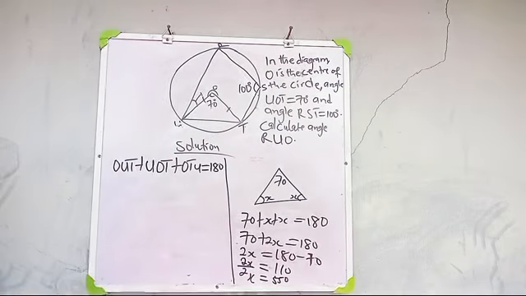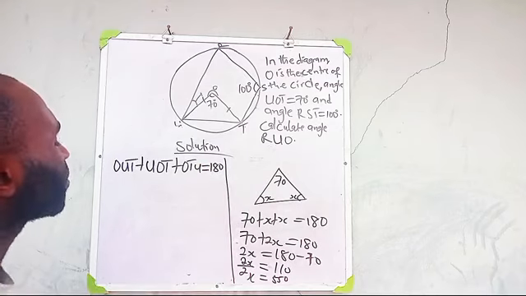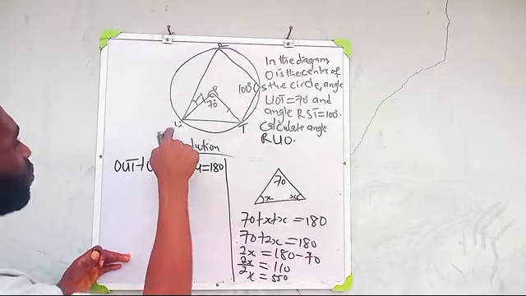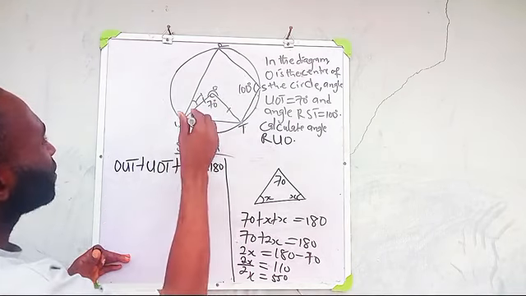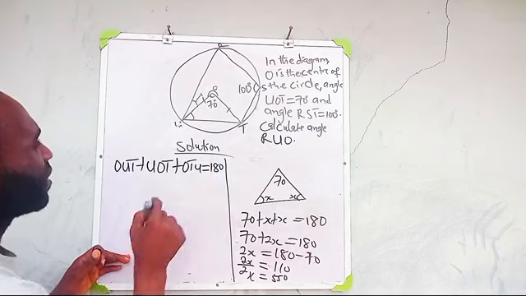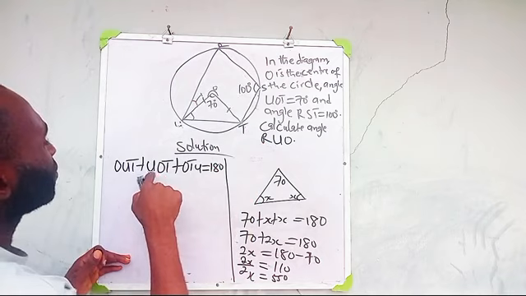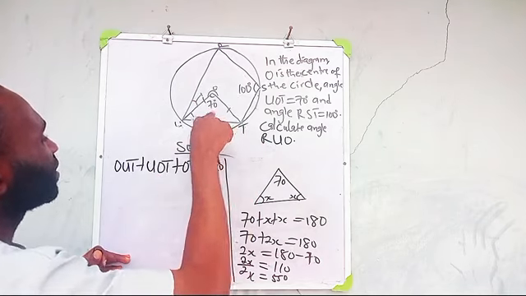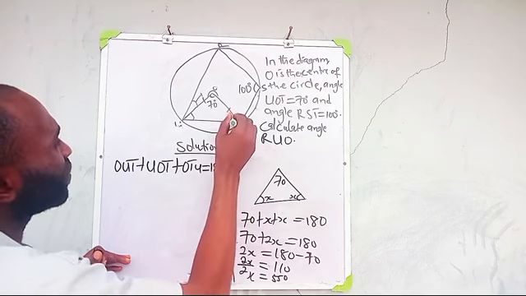So what I explained here is exactly what we are going to do here, because we know that angle UOT is this one, 70, and angle OTU is this one here.